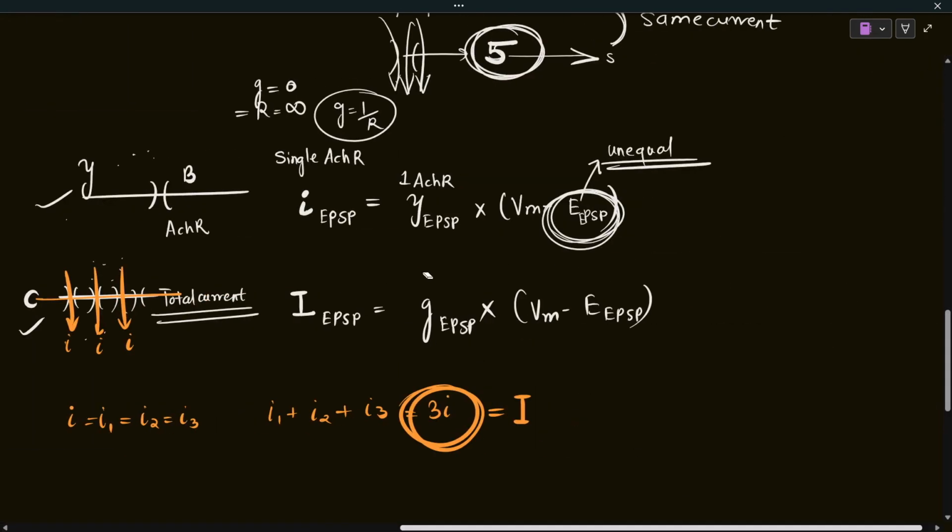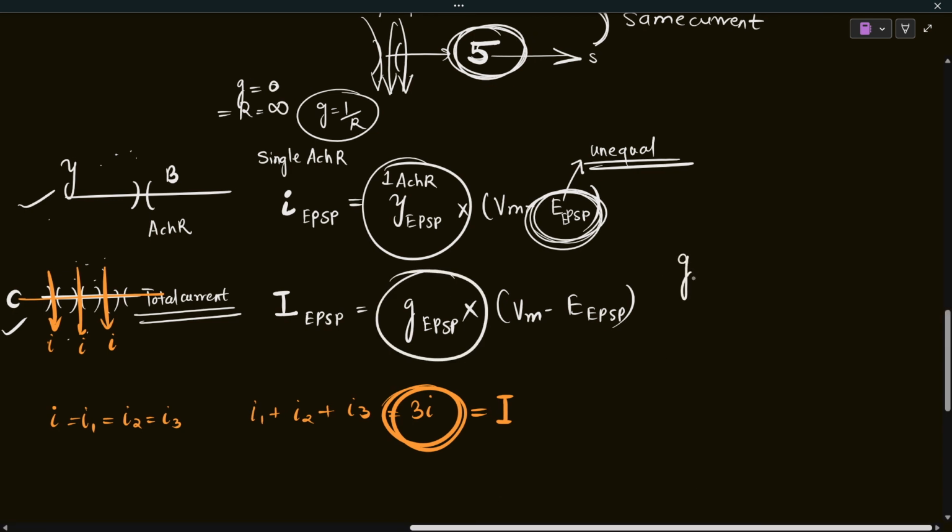This means that the value of G, the conductance of a postsynaptic membrane which has, let's say, 6 acetylcholine receptors, will be equal to 6 multiplied by the conductance due to a single acetylcholine receptor. So G is equal to N into gamma.